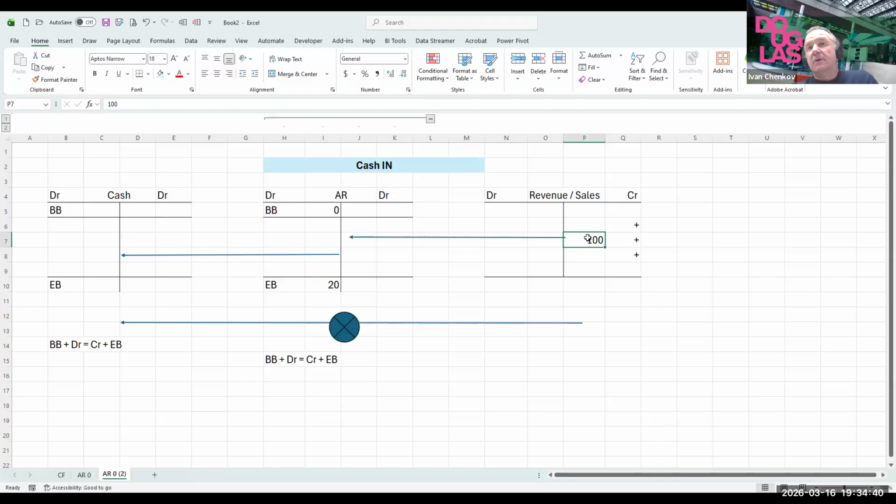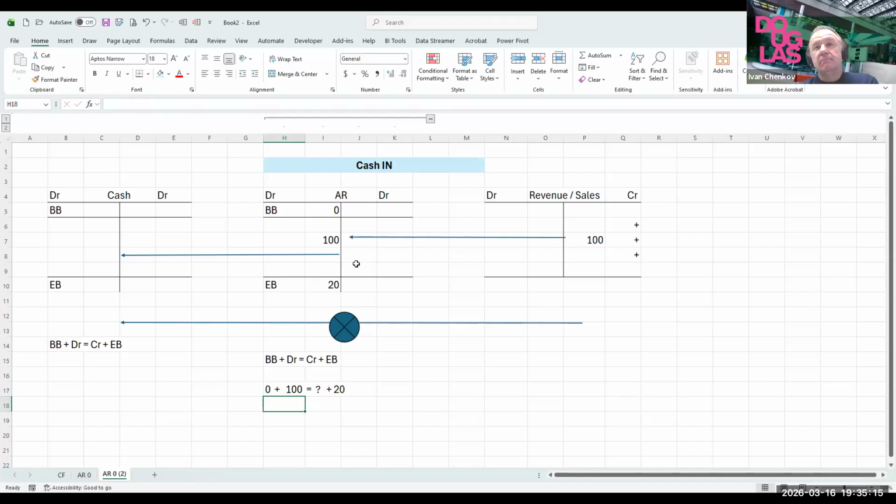80. What's happened? Those hundreds are going to come here, correct? Now I'm going to have 0 plus 100 minus the ending balance. So my beginning balance is 0, correct? Plus I'm going to have 100 here, and that should be equal to my credit, which I don't know, plus my ending balance, which is 20.